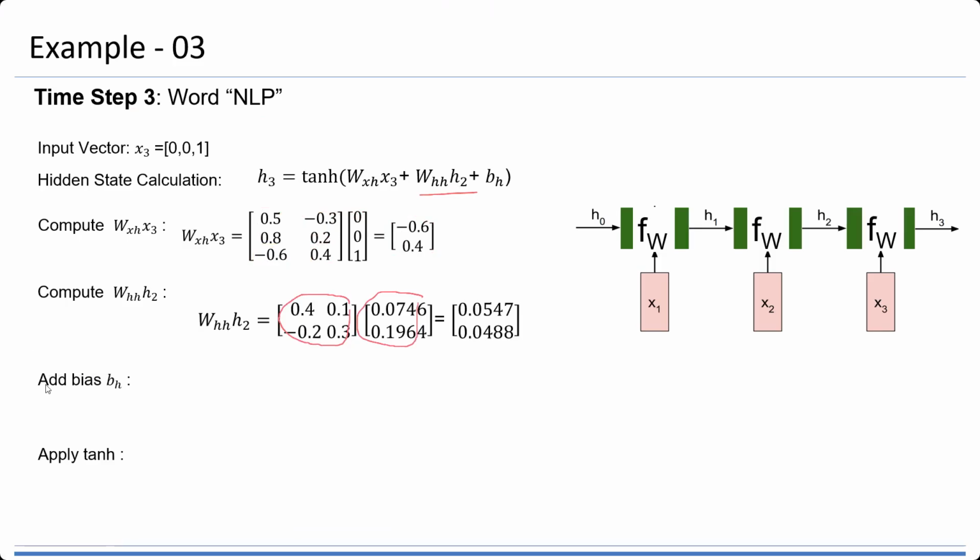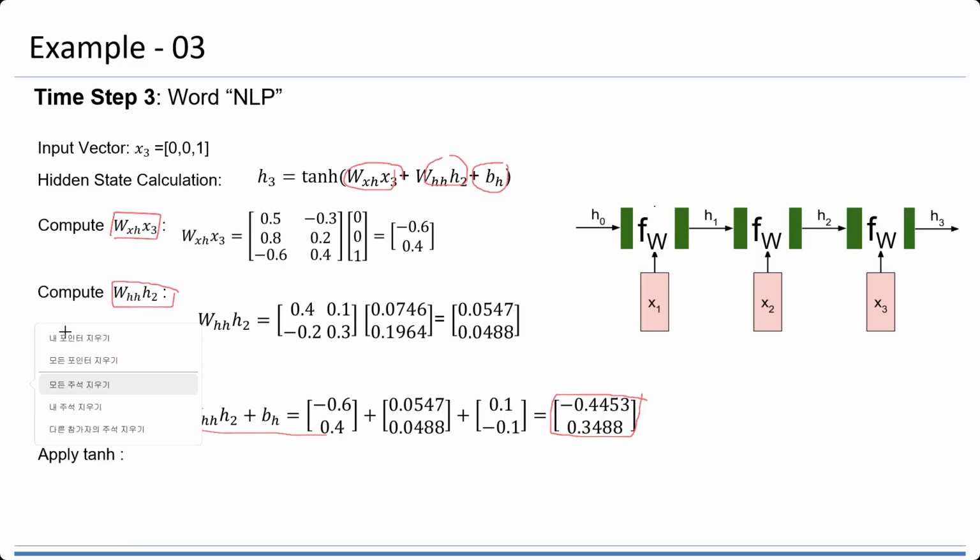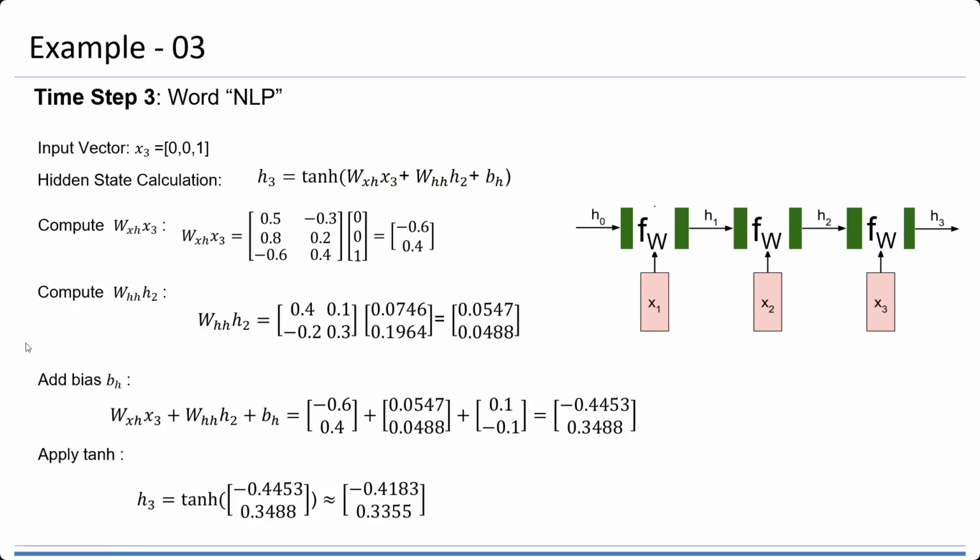And then again, we do the multiplication for the whx with the x3. We do the multiplication of whh with h2, and we add the bias. Then we got this formula in order to get the final result. So after we got this final result, then again we do the tangent function. We got this value.